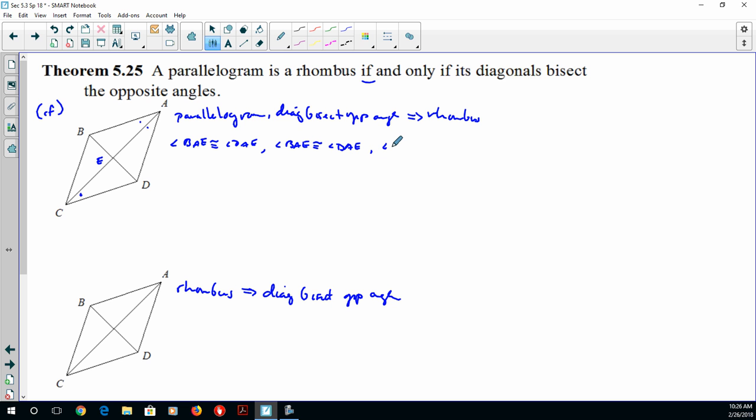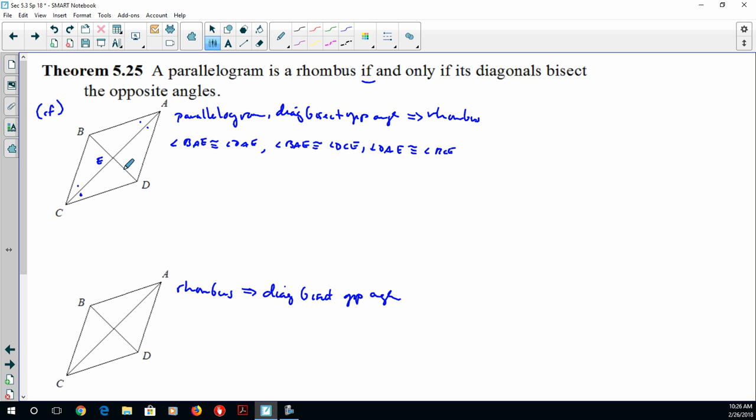That BAE is congruent to angle DCE, and then angle DAE is congruent to angle BCE. Okay. Those all have to do with parallel lines cut by a transversal. Okay, I might be writing more stuff down than I actually need here.